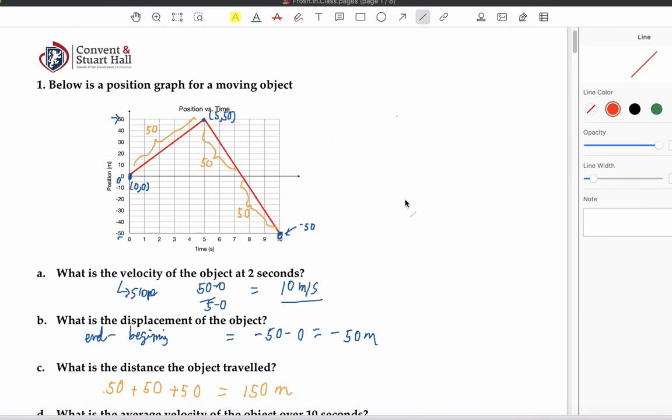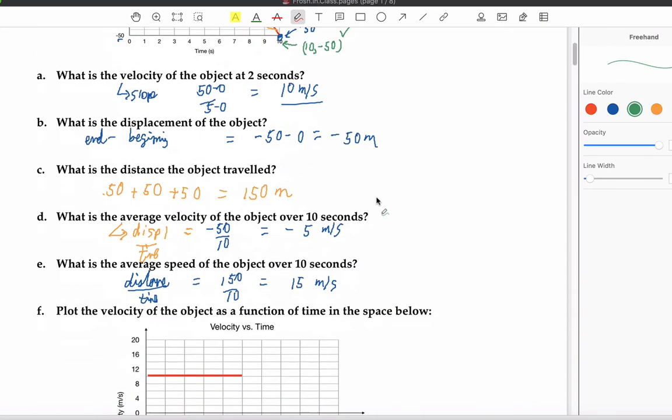And then from 5 to 10, let's be clear. At the 10 second time right here, so at 10 seconds, I'm at negative 50. And at 5 seconds, I'm at 50. So what I'm going to do is I'm going to use this point and this point.